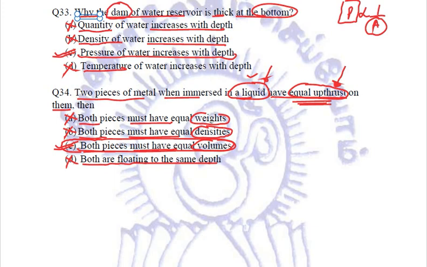Revise the chapter once again properly, so that you are able to relate the answers of all these questions which we have discussed. Clear? So this is all about our chapter pressure and Archimedes principle, right?